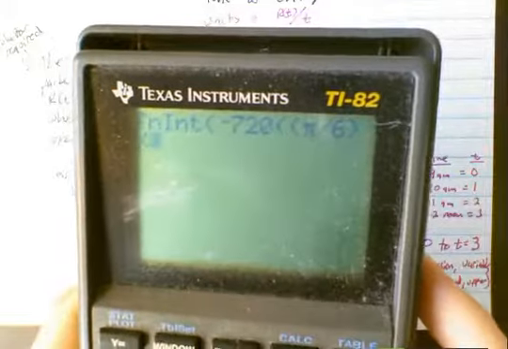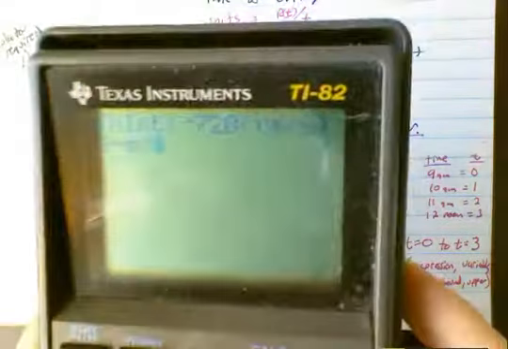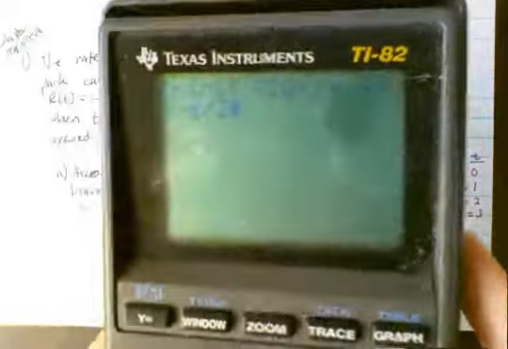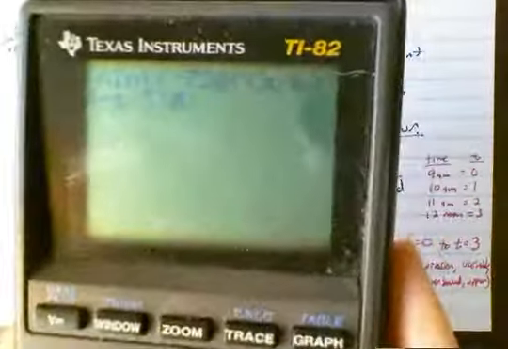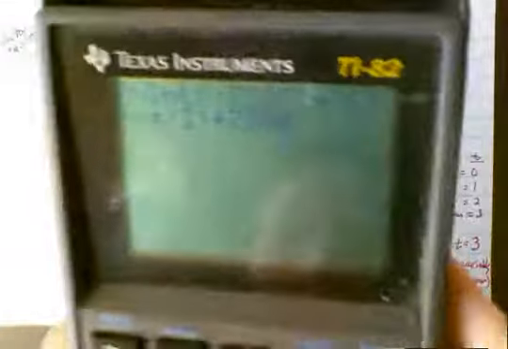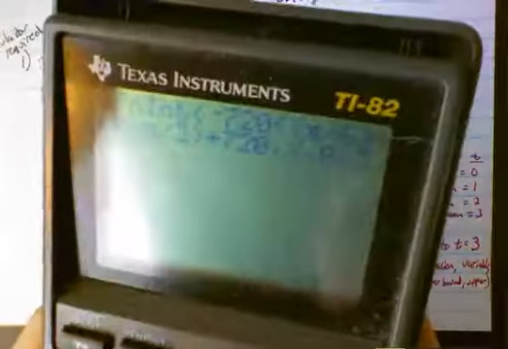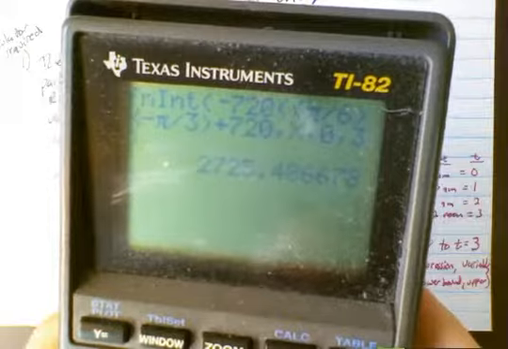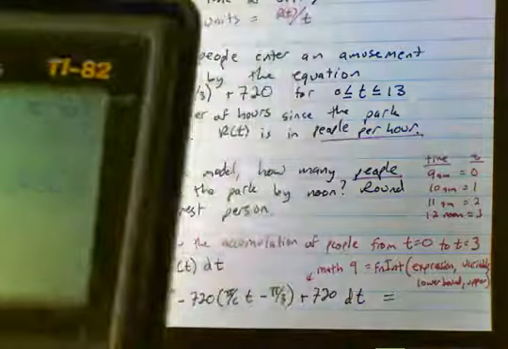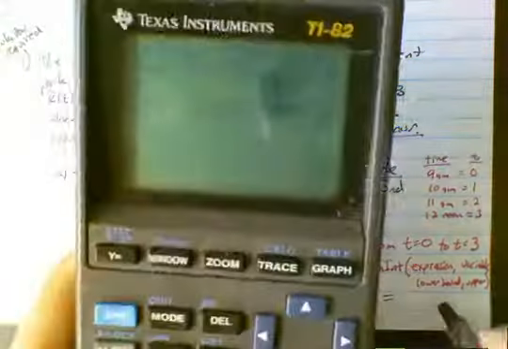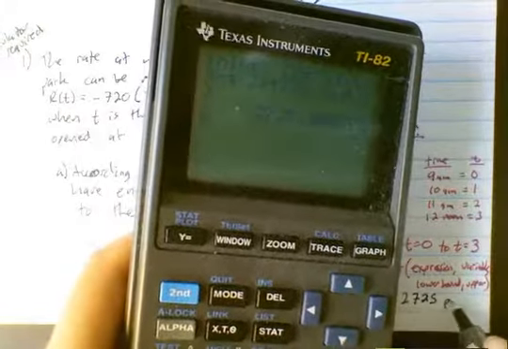I'm just going to use x because it's sitting right there for me, minus pi over 3, close parenthesis, plus 720, comma my variable, which is x, comma 0, comma 3. And there we go. Now I'm going to round to the nearest person. 2,725 people.